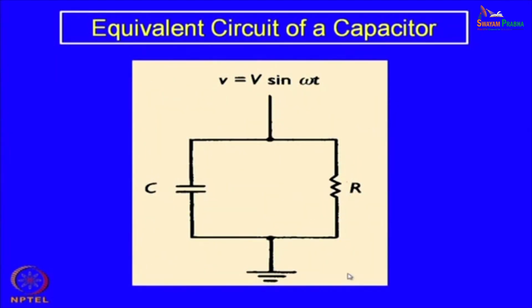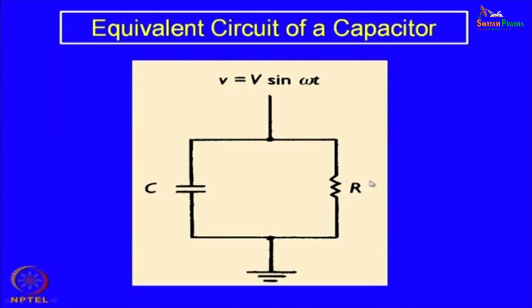Now, any capacitor can have an equivalent circuit. That means a real capacitor is not an ideal capacitor. So, it has a finite resistance or a finite conductance, and therefore a real capacitor can be represented in this manner in what we call an RC circuit.